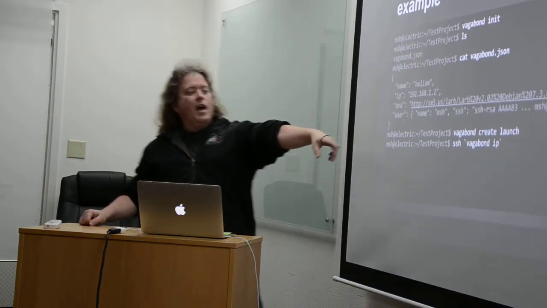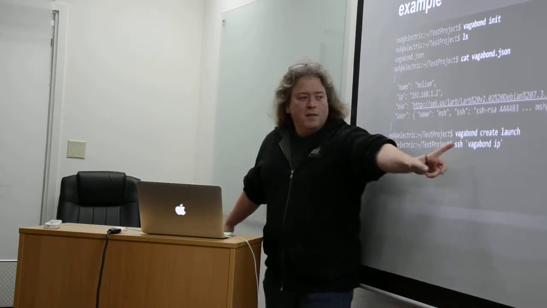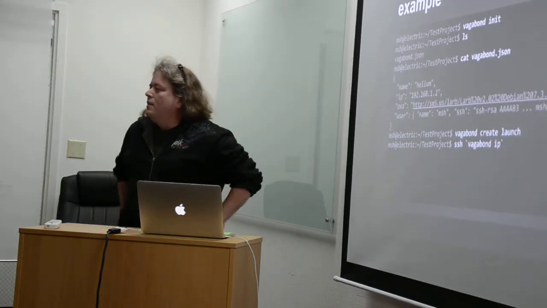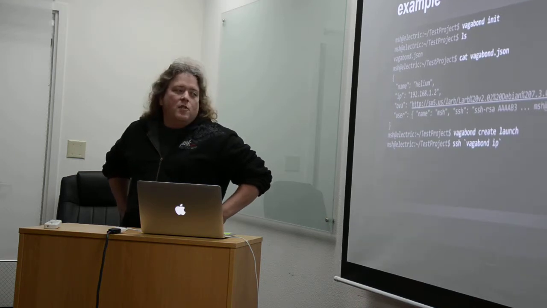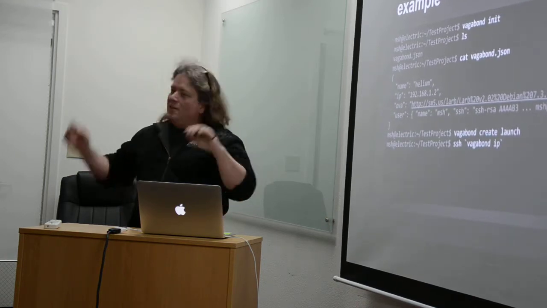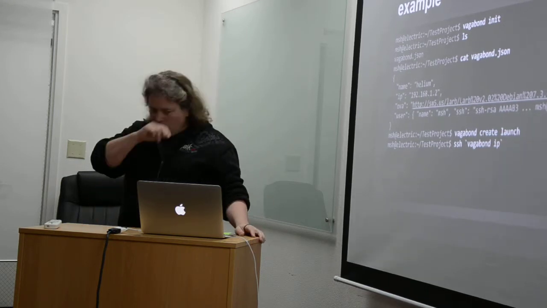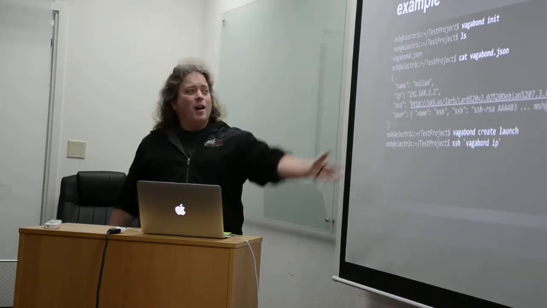As soon as you do that, you can just do SSH and then vagabond IP, and it will tell you the IP address of the virtual machine described by the JSON file in the current directory. So that's basically it.